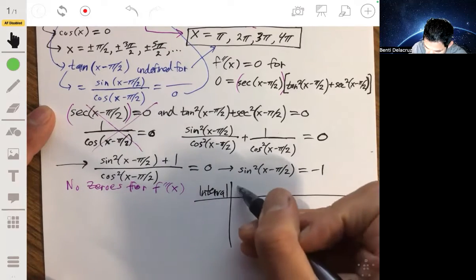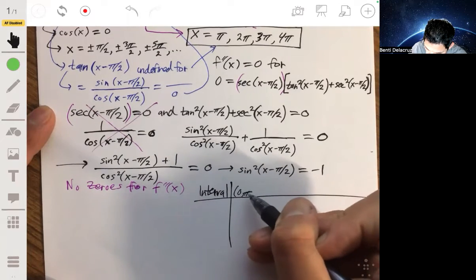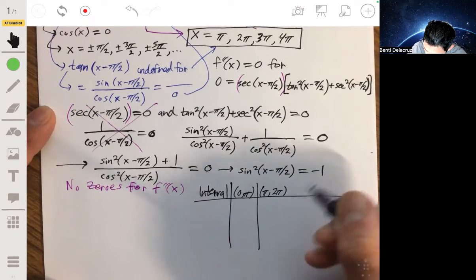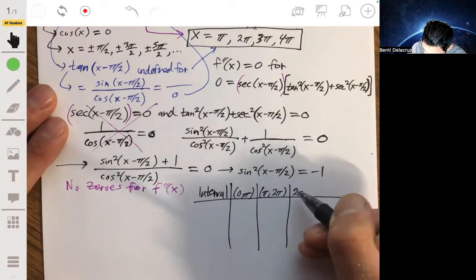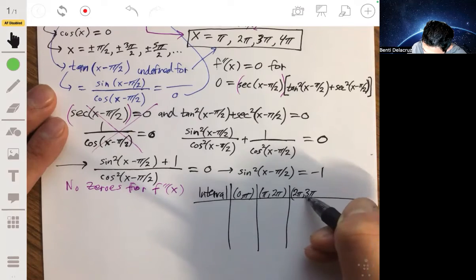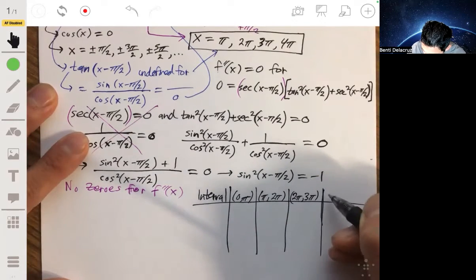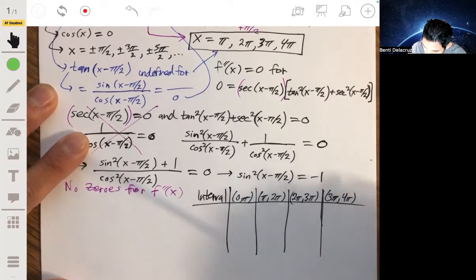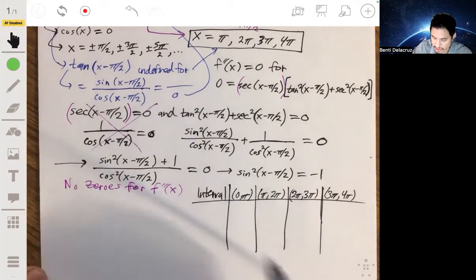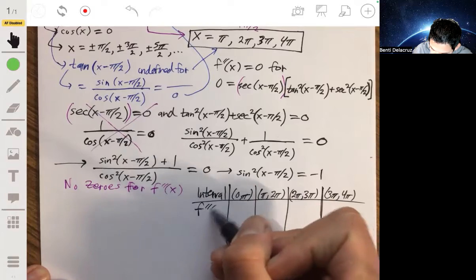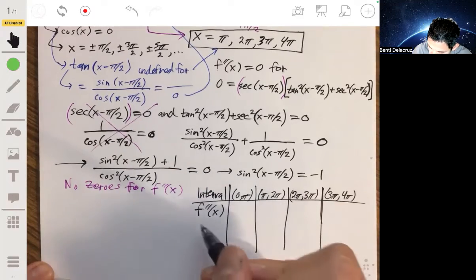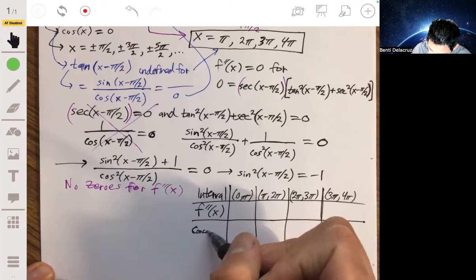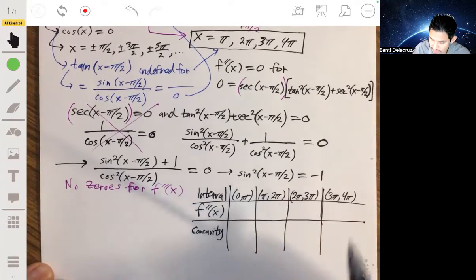I go from 0 to pi, and then pi to 2 pi, and then 2 pi to 3 pi, and then 3 pi to 4 pi. Then I want to see what the sign of the second derivative is in those intervals, and then I can figure out what the concavity is.